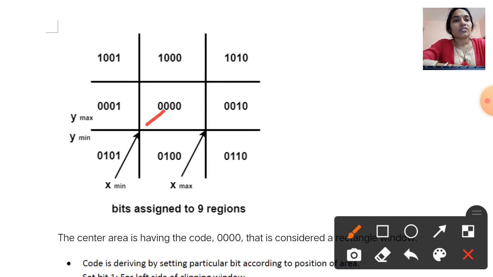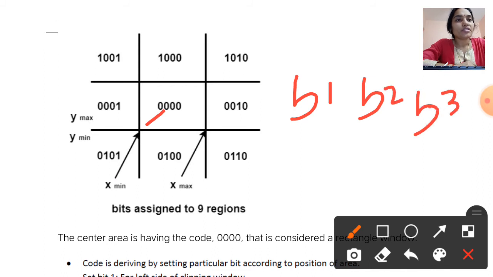Okay, the center area is 0000, a 4 digit code. Okay, 4 bits. Here, bit 1, let us discuss B1, B2, B3 and another one is B4.